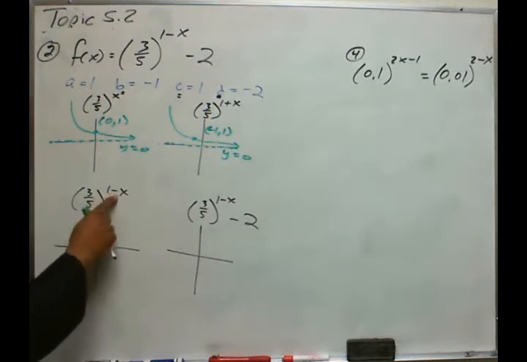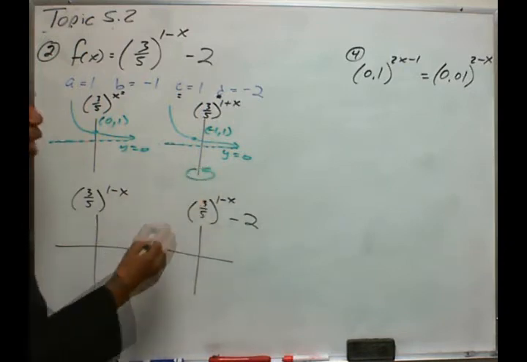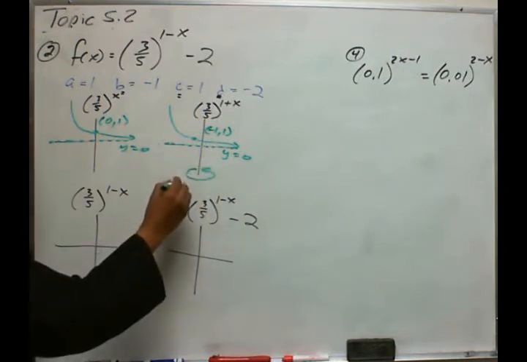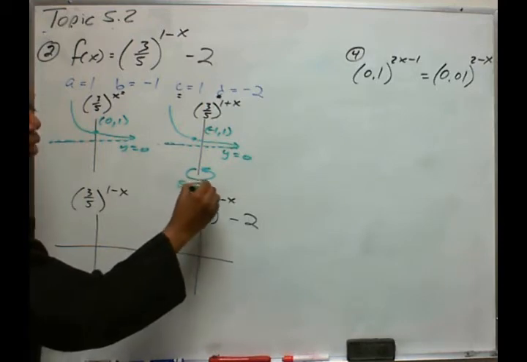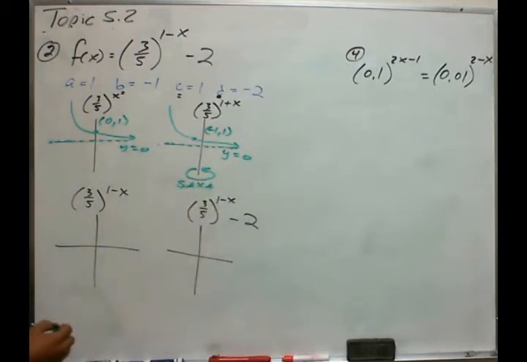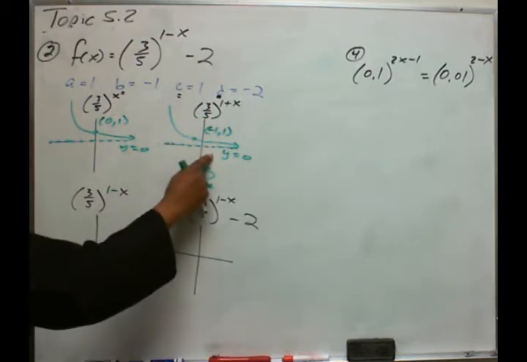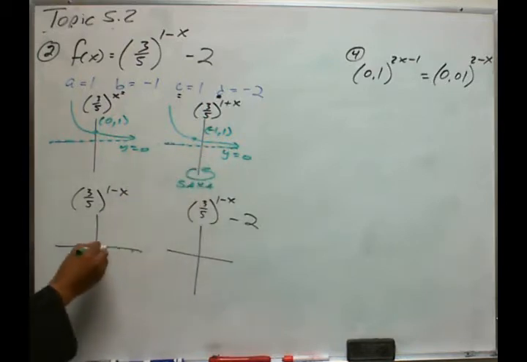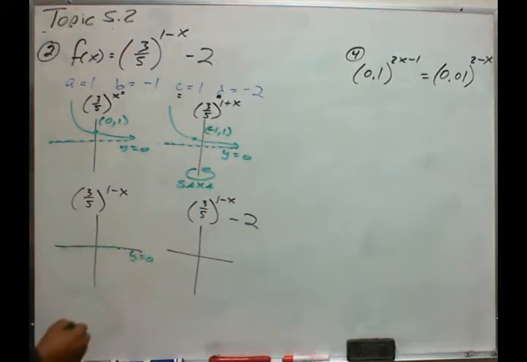Next, we have a negative B parameter. The negative B parameter is going to give us a reflection about the y-axis, what we call symmetric about the y-axis. So, when we flip our horizontal asymptote y equals 0, it remains y equals 0.